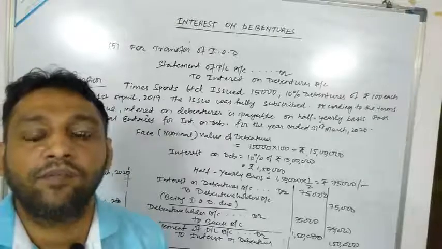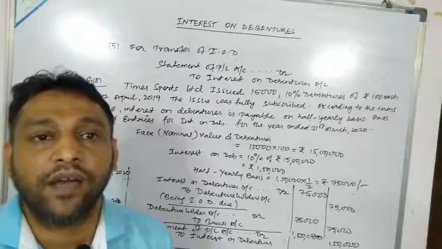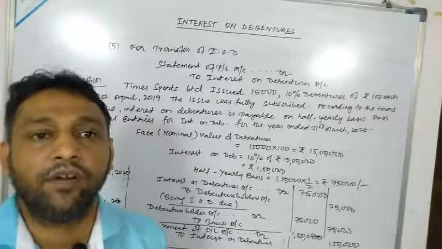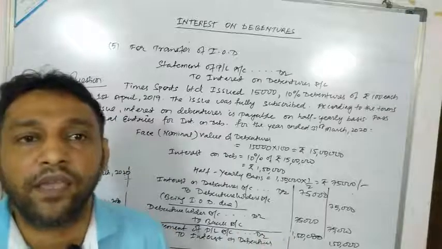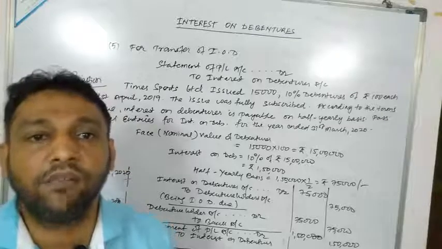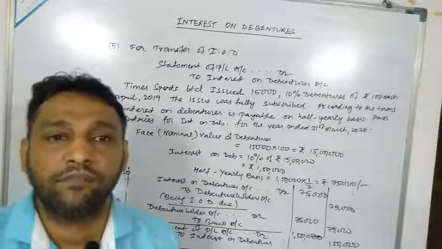Okay, and it will be shown under the sub heading, and sub heading would be other current liability. एक है main heading current liability और main heading current liability के अंदर में कहाँ आएगा, sub heading other current liabilities in the balance sheet. Okay, so that's all for today, thank you.